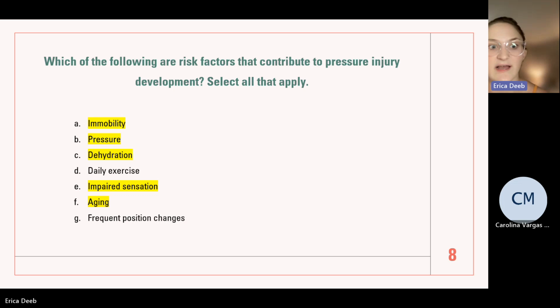With aging, as people get older, a lot of times they have impaired sensation and are more likely to be immobile. Immobility obviously is a huge risk factor, not being able to get up and go. Therefore, daily exercise and position changes would be protective against getting a pressure injury.